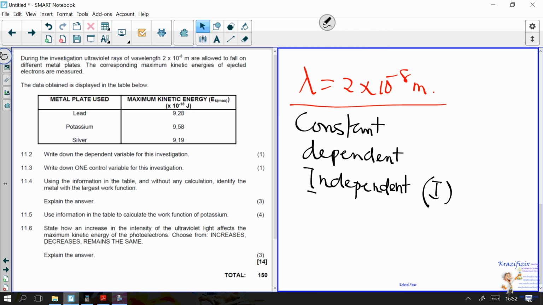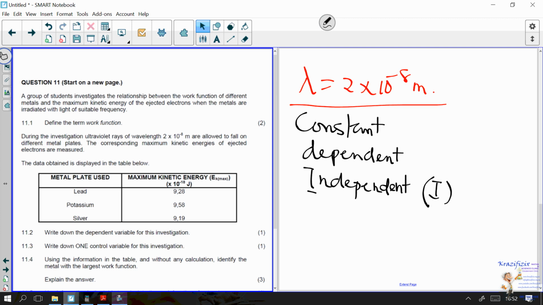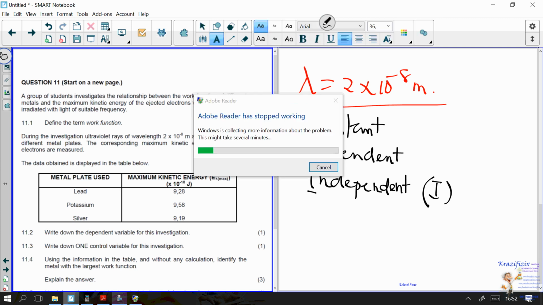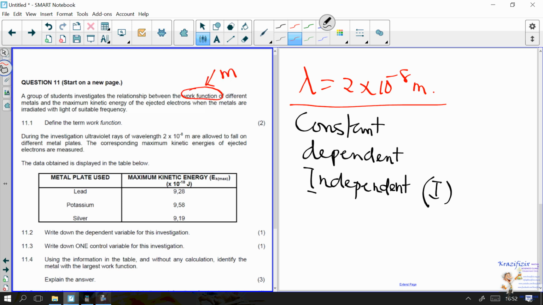Let's check something here. It says, a group of learners investigate the relationship between what? Work function. Where is work function coming from? It's coming from the type of metal, and kinetic energy.